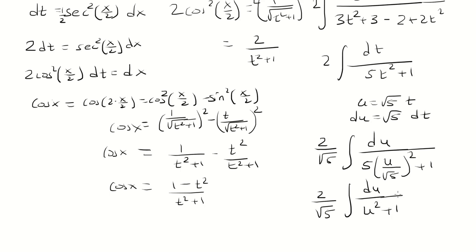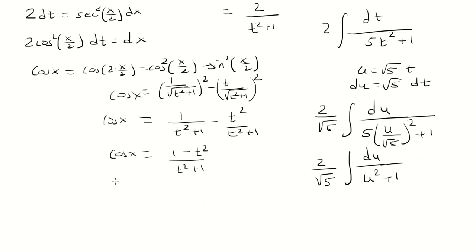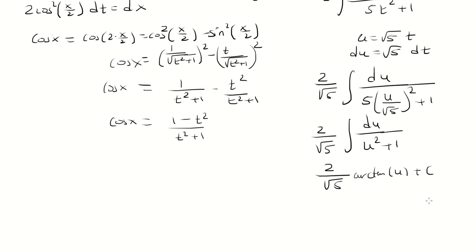And then if you integrate this, that's going to be arctangent of u plus c, but remember we said u was square root of 5 times t.